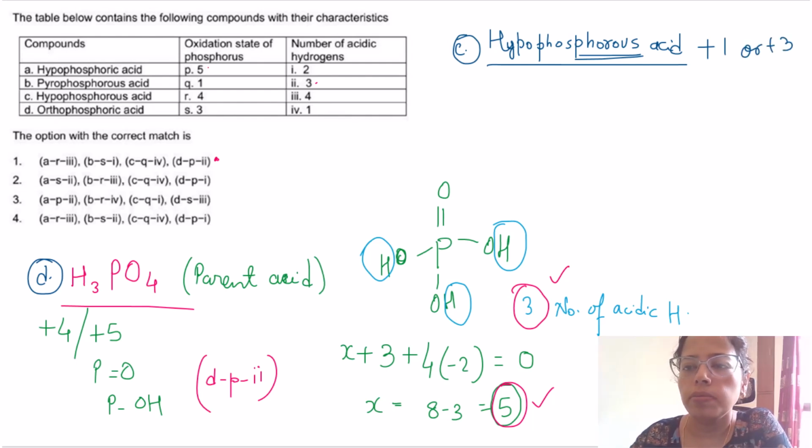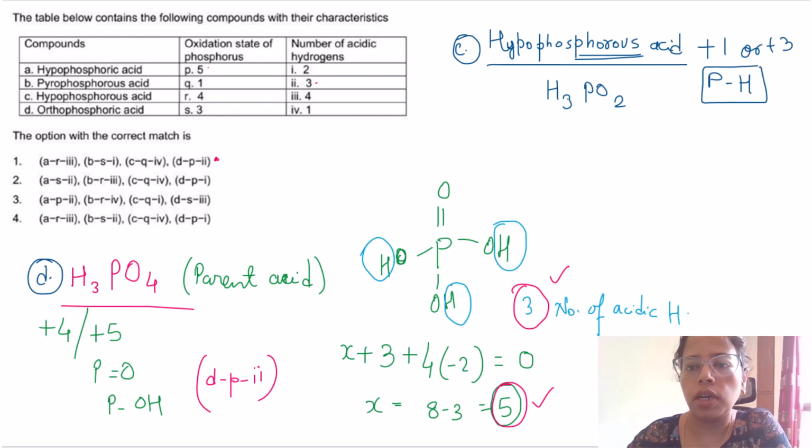So +3 is unlikely, so it should be +1, and the formula for hypophosphorus acid is H3PO2. And we also know that the phosphorus acid category has a P-H bond.